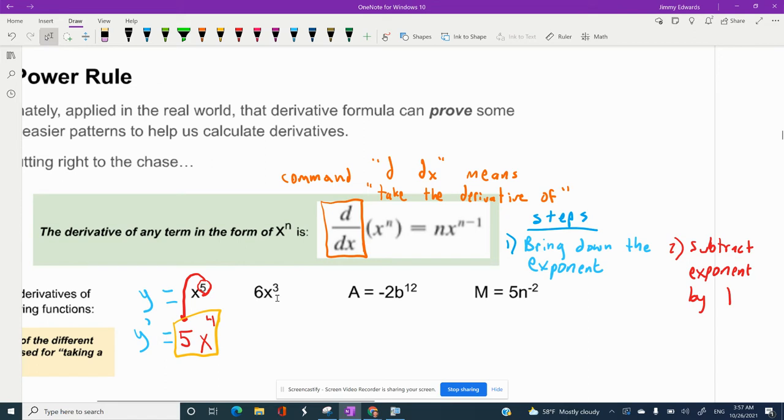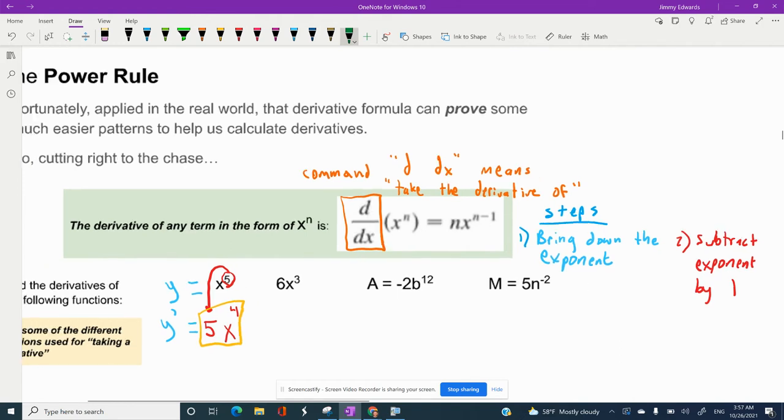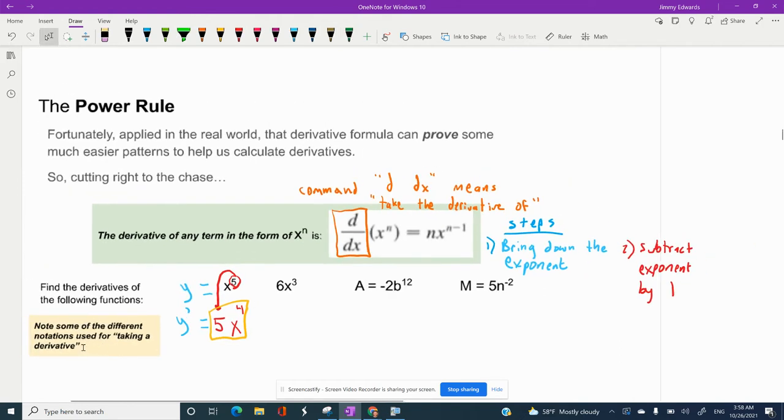Okay, let's try another one. 6x to the 3rd power. Remember, there are some different notations used for taking the derivative, and these notations typically come from different mathematicians from different parts of the world. So you may see if f equals 6x cubed, we might say that f prime of x equals, and then here we go again.